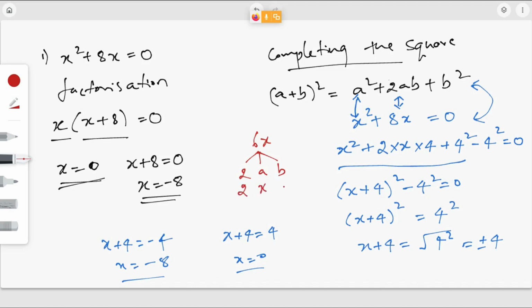What is b? By which number do we multiply 2 to get 6? If you multiply 2 and 3, you get 6. So 2 into x into 3 is 6x. If you get this step, the remaining is easy, because once you get this 2ab, you will get this b, and then you need to add b square and then subtract b square. That's it.